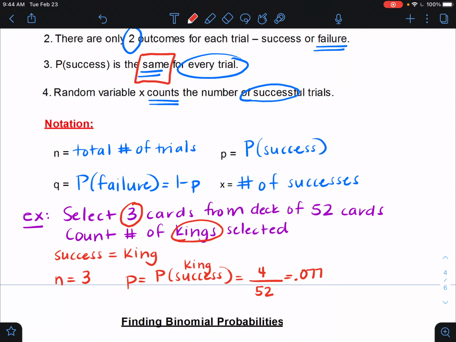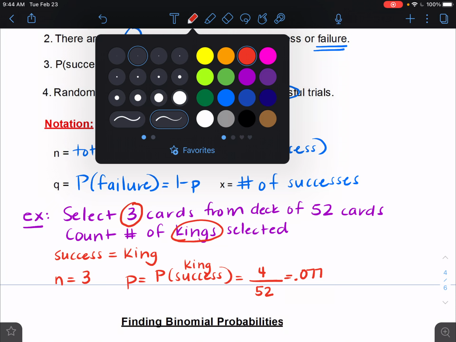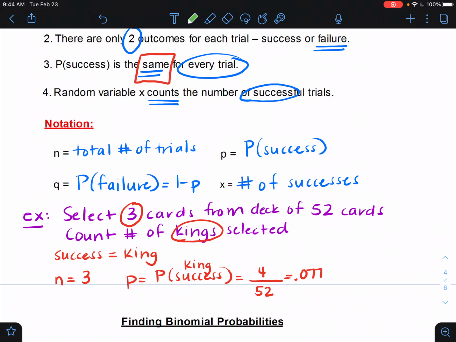However, if I just change the wording up here a little bit, in order to use a binomial when you're dealing with items being selected, you just have to state that the selections are going to be made with replacement. If it's without replacement, it won't work. It's not binomial.